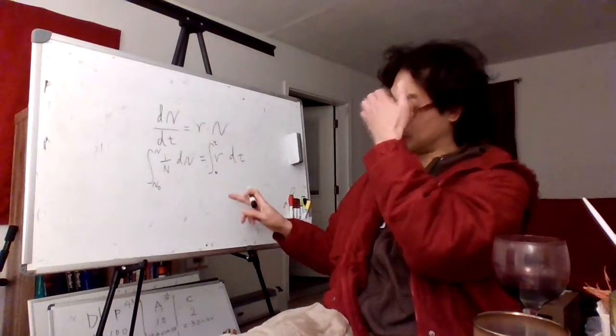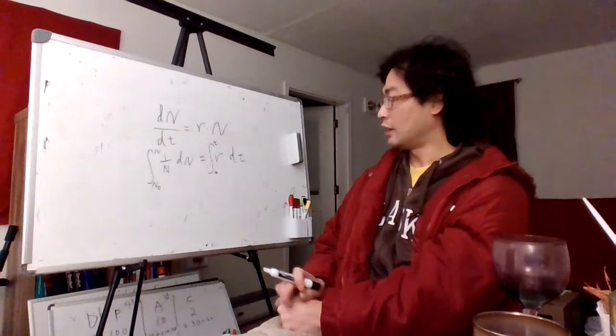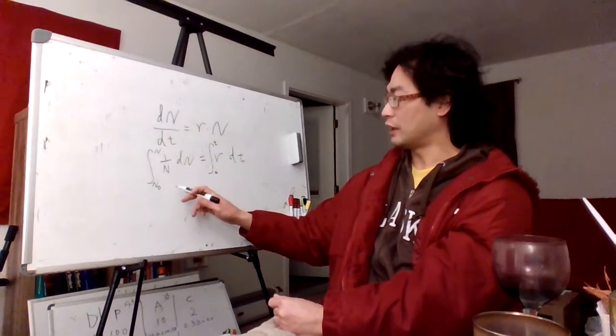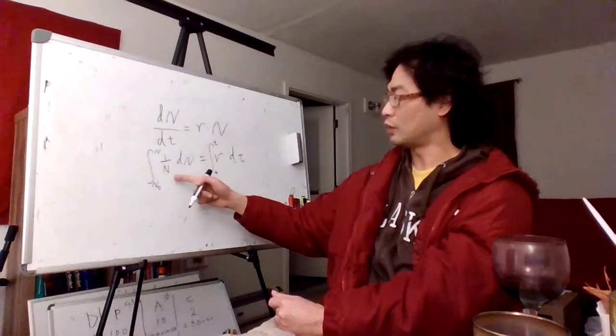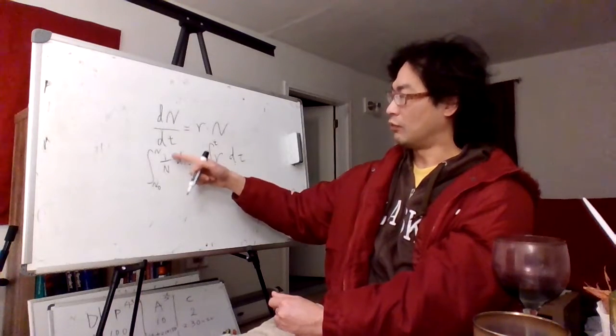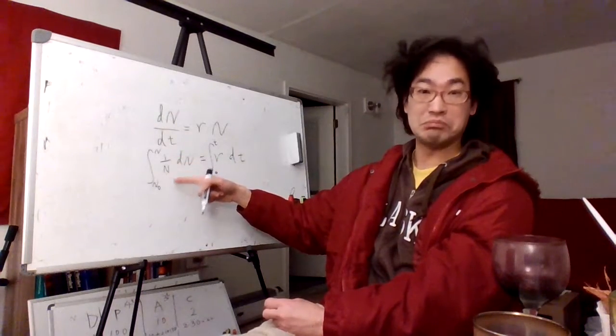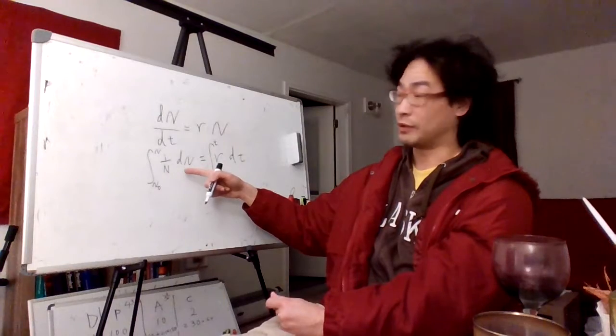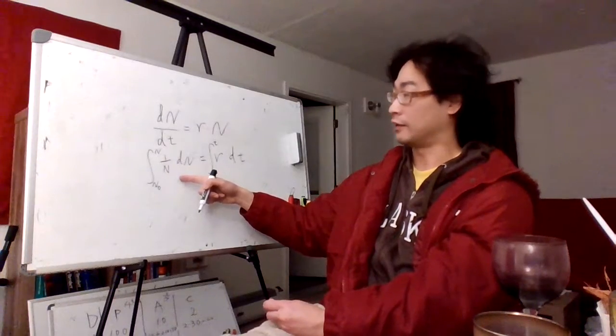T0 is just zero, right? If you figure this out, 1/N, if you integrate, it becomes a logarithm, the natural logarithm, ln.